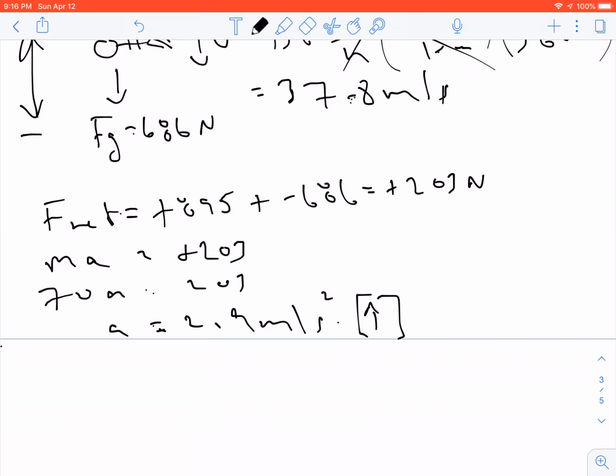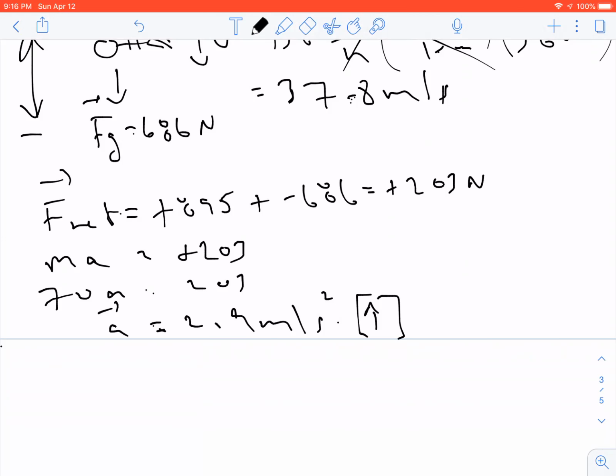Well, I'm going to lose downward velocity, right? Negative, losing negative, which means I have positive change in velocity, which means positive acceleration. So my acceleration here, which is a vector, just like F net is a vector and Fg is a vector, and all these are vector quantities, right? The acceleration is up at 2.9 meters per second squared.